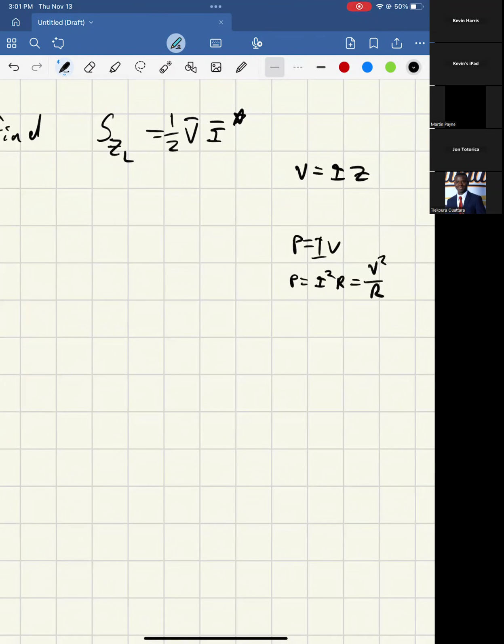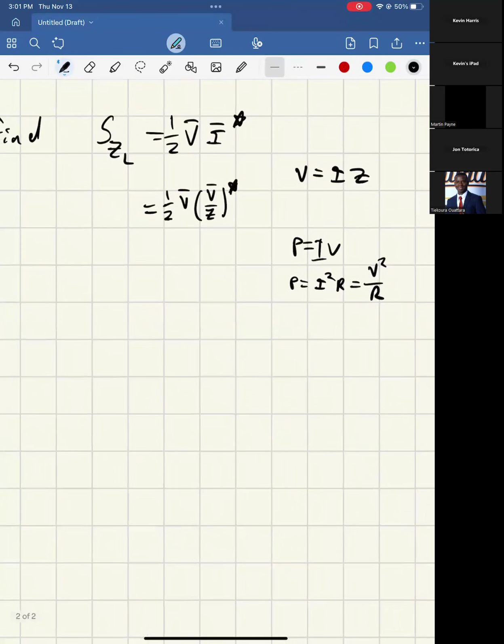We can do a similar thing here where after doing a tiny bit of math, we say 1/2 V bar over Z conjugate, and then just complex number stuff. Like if I have some complex number times the conjugate, it's equal to the absolute value squared.